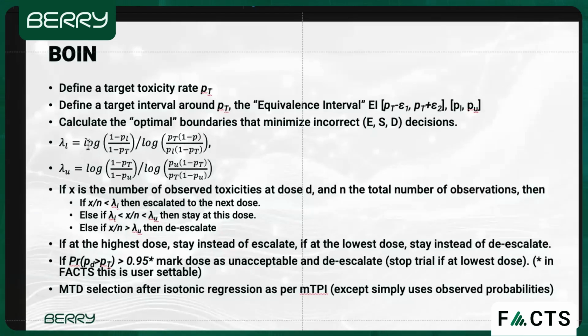So whatever boundaries you enter into FACTS for this, or whether you accept what they call the default boundaries, PT times 0.6 and times 1.4, are further transformed into these lambdas.